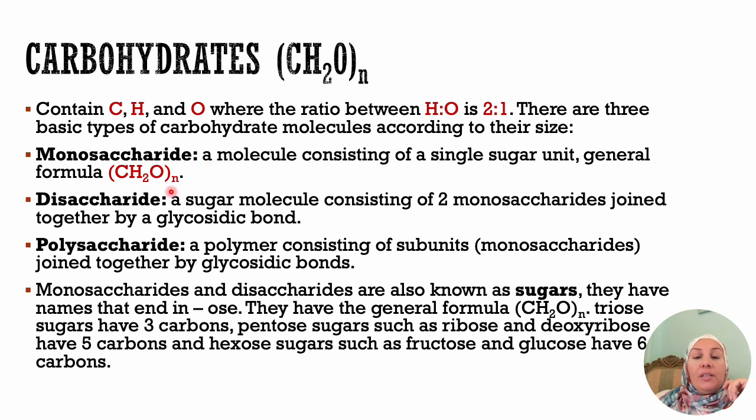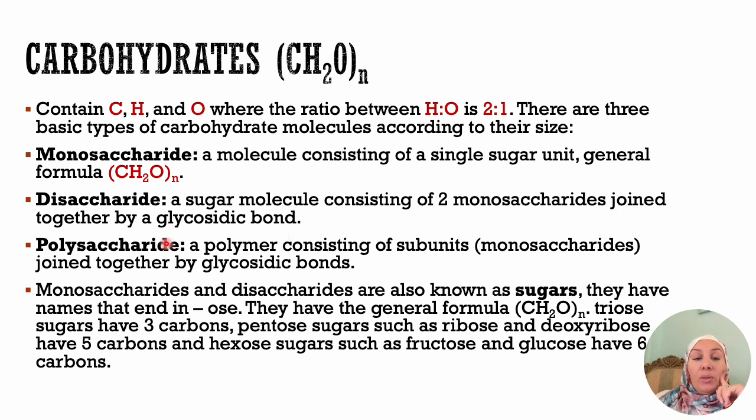And the general formula is, as we just said, CH2O, and between brackets, all of that, to the power n. So disaccharides are two monosaccharides joined together, and they are joined together by a special bond. We're going to call it a glycosidic bond.